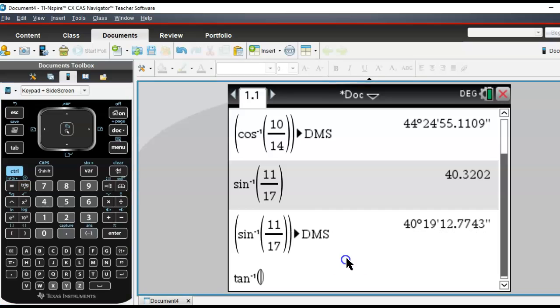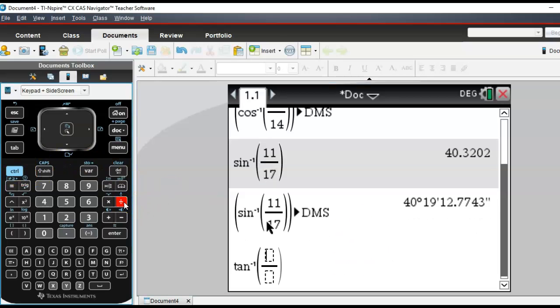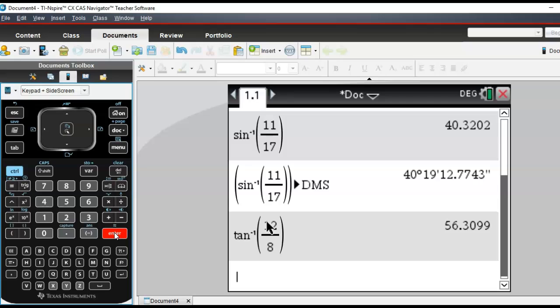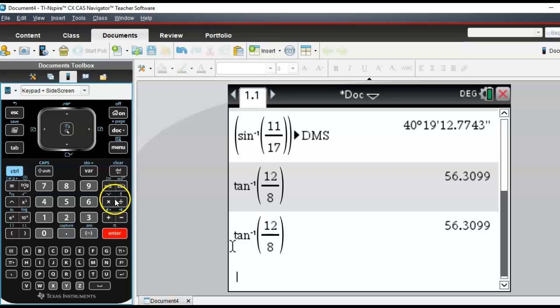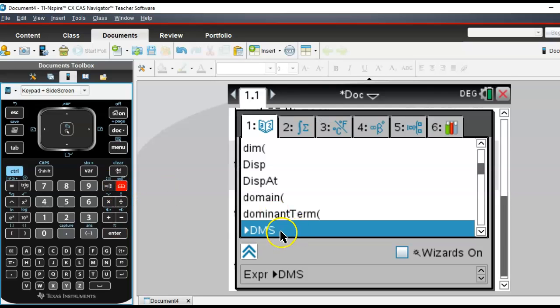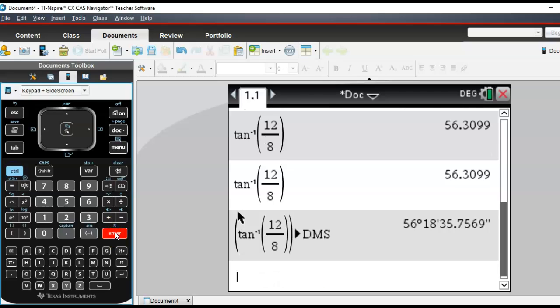So inverse tan, putting in my fraction, and approximately equal to, so theta is approximately equal to 56.3 degrees, or in degrees minutes seconds, grab that, book, DMS, approximately equal to 56 degrees, 18 minutes and 36 seconds.